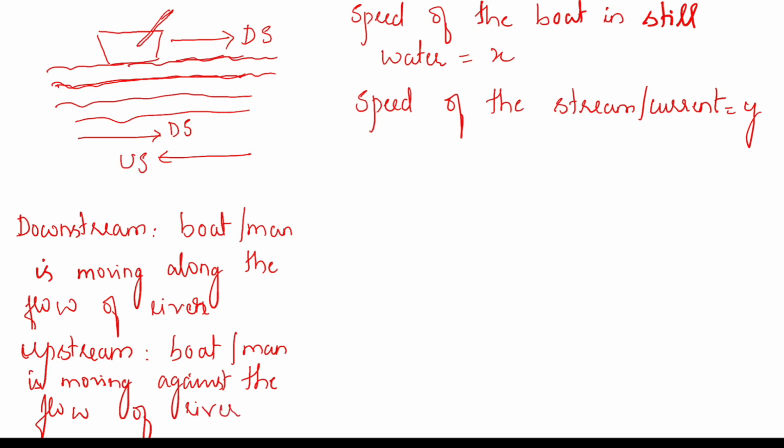If the river is moving in this direction and the boat is moving in the opposite direction like this, we call it upstream speed. When the flow of the river and the flow of the boat are in opposite directions, we call it upstream speed.